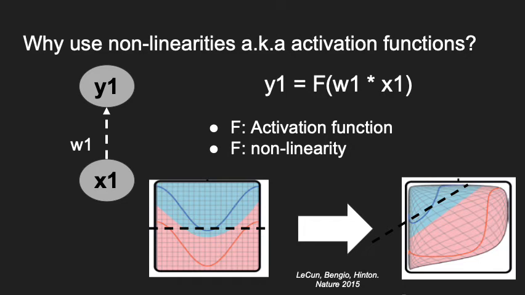However, if you use a non-linearity here, I think it was sigmoid, then the space is bent, and now it's very easy to trace a line between the blue and the red. So you add a non-linearity, and because of that, this classification becomes easy even for a very, very simple neural network.